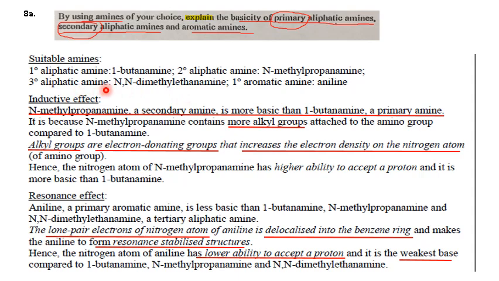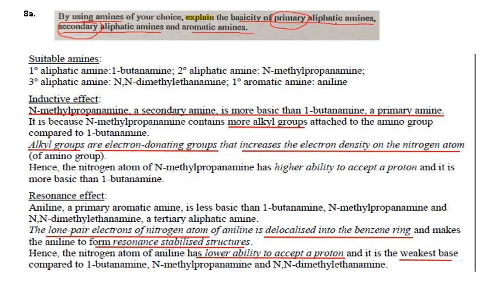The 3 alkyl groups decrease the availability of the lone pair of electrons on the nitrogen atom to accept a proton. This situation we call steric inhibition of solvation. This effect diminishes the ability of solvent to stabilize the alkyl ammonium ion.